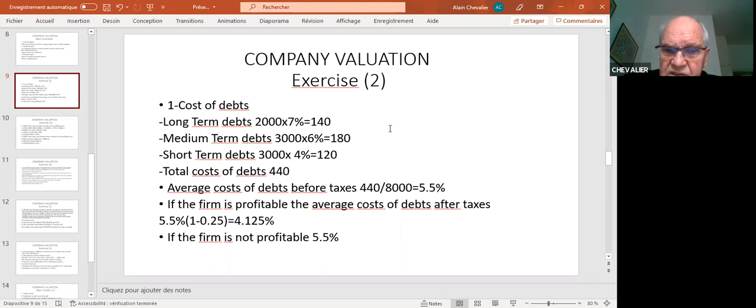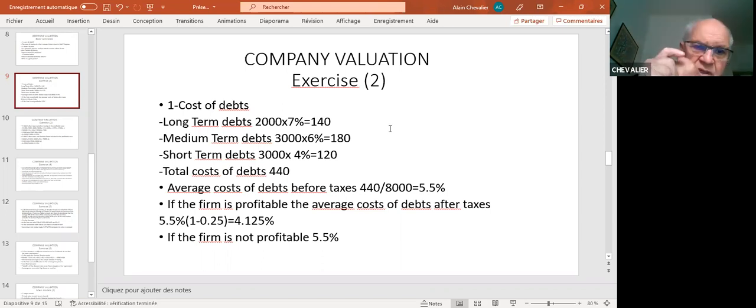If a firm is profitable here, real cost is 5.5% multiplied by 1 minus the tax rate. The hypothesis here is that the tax rate is 0.25, and this is equal to 4.125%. Okay, 5.5% multiplied by 1 minus 0.25, 25% being the tax.